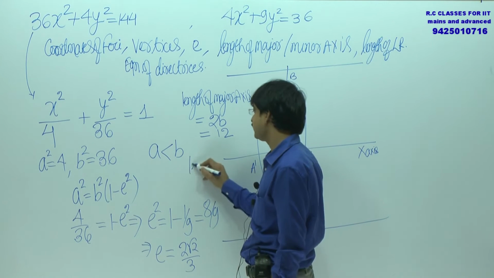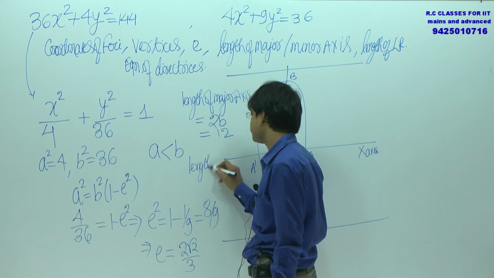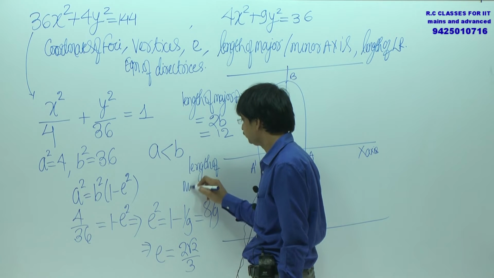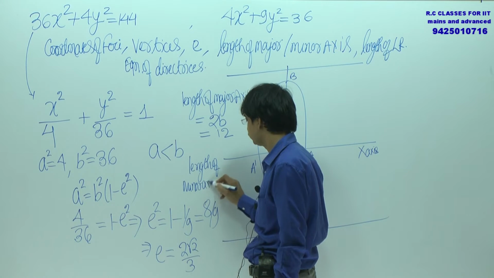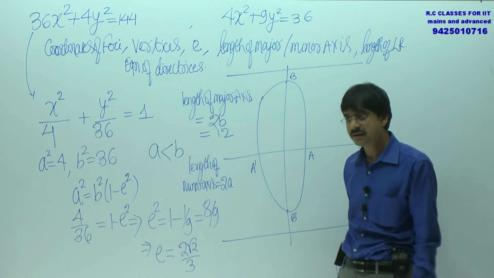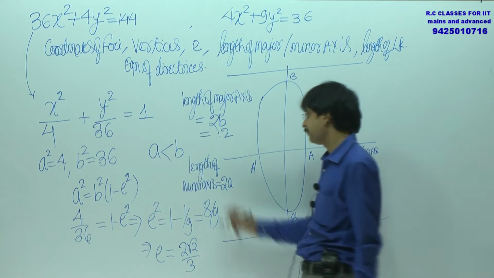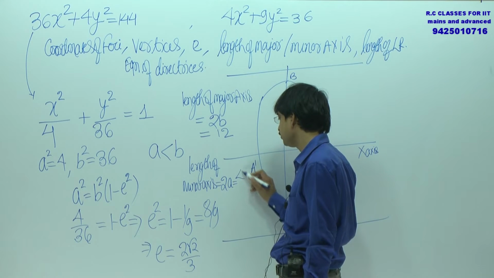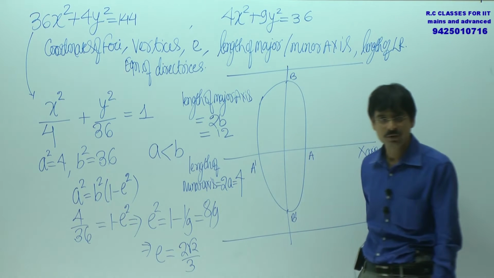Length of minor axis, that will be clearly equals to 2a. X axis is the minor axis there, 2a. That will be equals to 2 into 2, that will be 4.